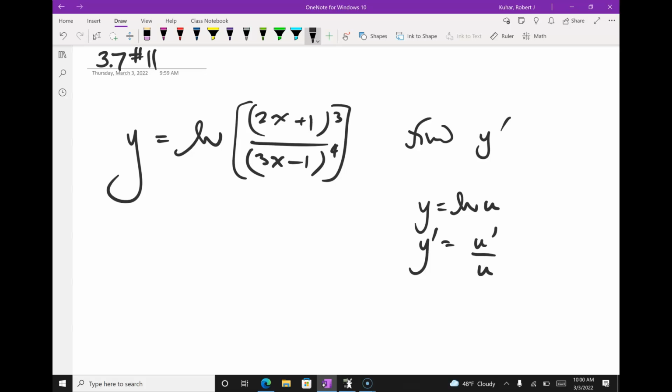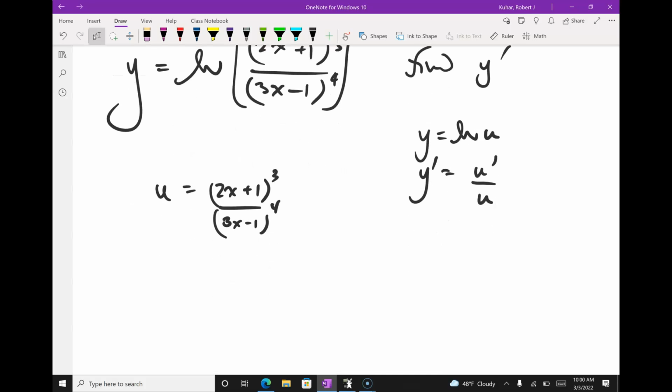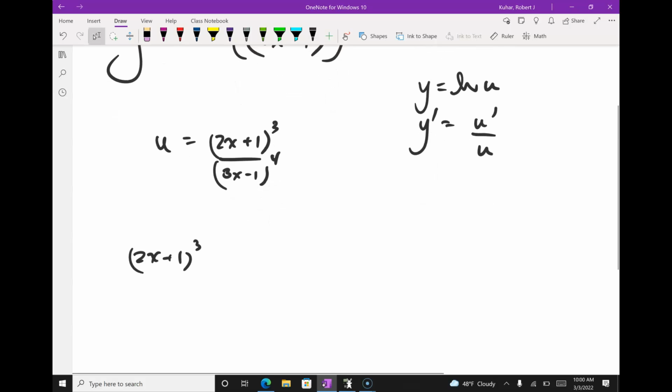So you can see u is going to be quotient rule, right? Well, there's no way to avoid it. I'm gonna do it, right? So u is 2x plus 1 quantity cubed over 3x minus 1 quantity to the fourth. So upstairs function 2x plus 1 to the third, derivative 3 times 2x plus 1 all to the second times another 2.